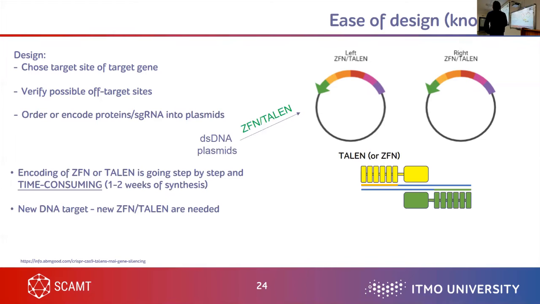But there are disadvantages with the design of zinc fingers and TALENs. Encoding whole proteins into a plasmid is very step by step, and it's kind of time consuming. It will take about 1 or 2 weeks of synthesis, and a new DNA target will require new pairs of ZFNs or TALENs.